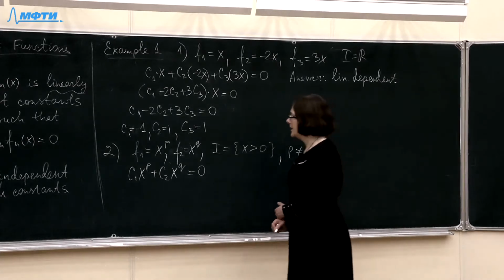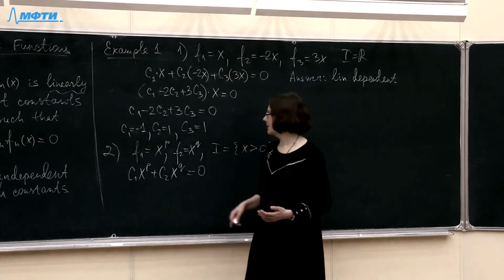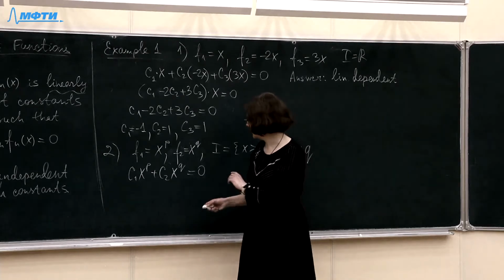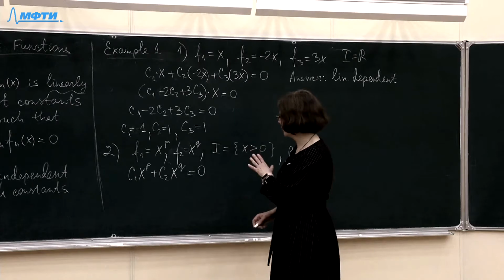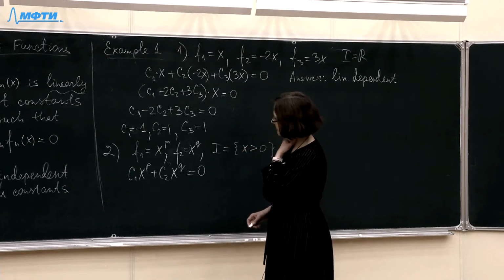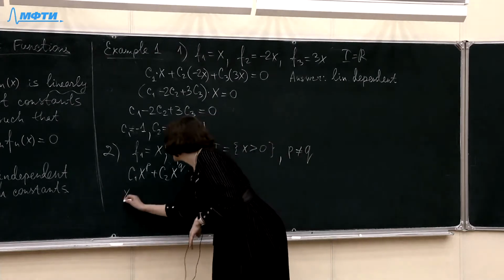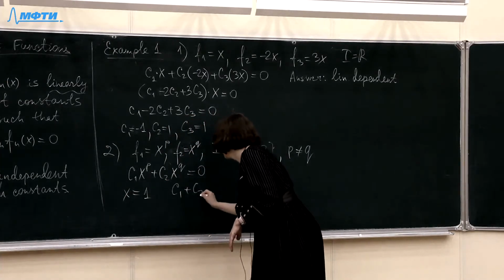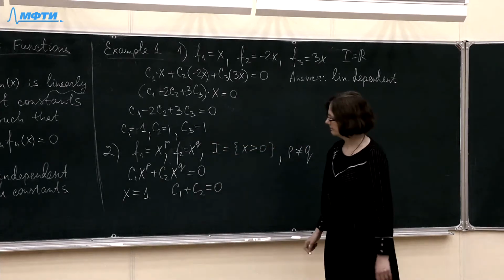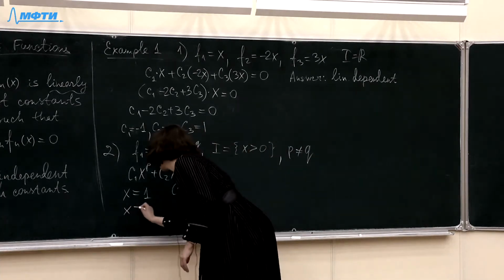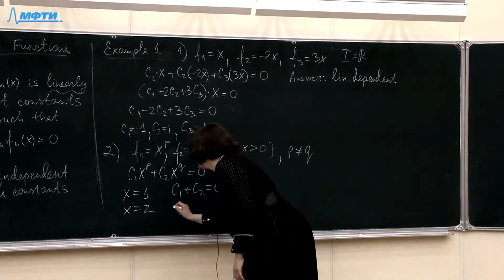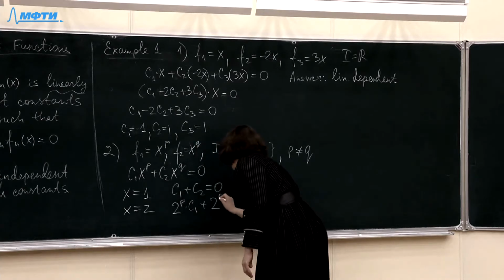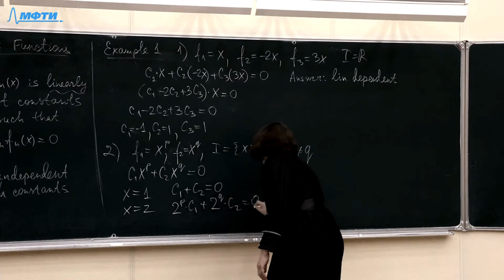Okay, so let's substitute something. Let's substitute x equals 1, and then we have the following: C1 plus C2 equals 0. And let's substitute x equals 2, and we will get 2 to the power p times C1 plus 2 to the power q times C2 equals 0.